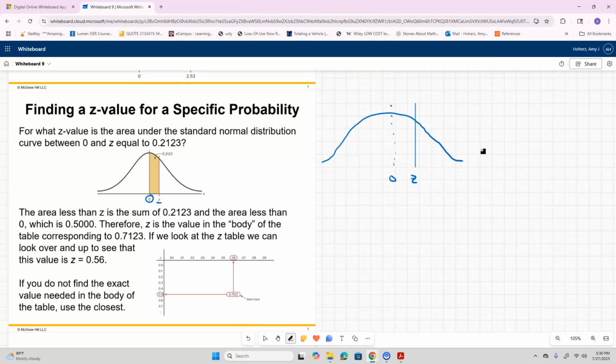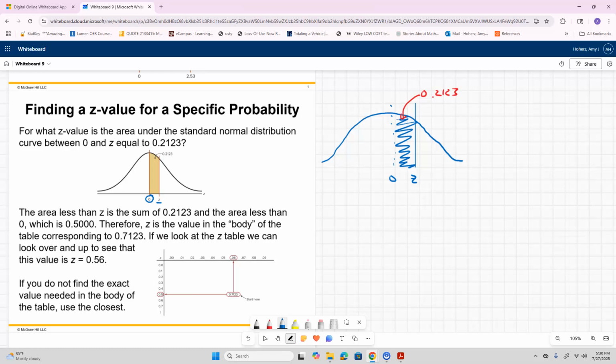They're saying between that 0 and that z is 0.2123. So in this case, if they do betweens, they can only do it from 0 to a z. They can't do it between 2 random z's for this type of problem where we're working it backwards.